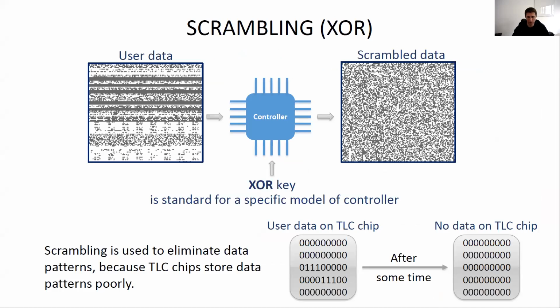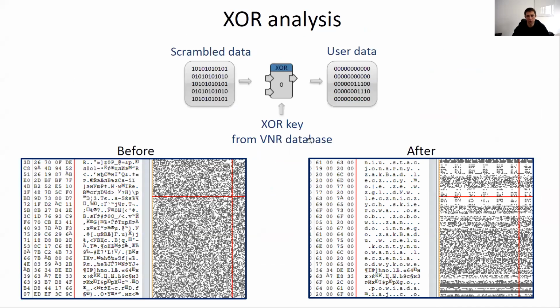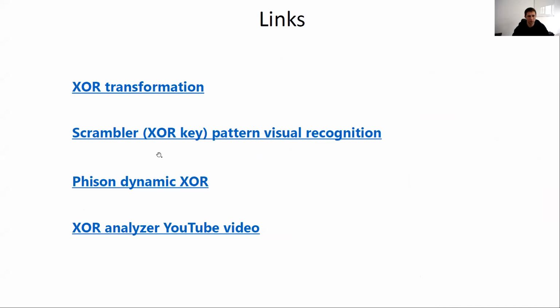Sometimes we may see some patterns which may look like XOR keys. Different XOR keys have different patterns, and on the last page of the presentation you have some links.